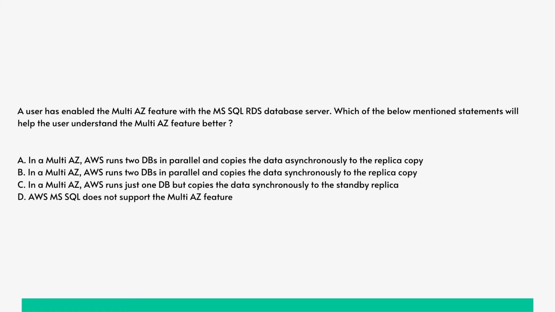Option C, in a multi-AZ, AWS runs just 1 DB but copies the data synchronously to the standby replica. And option D, AWS MS SQL doesn't support the multi-AZ feature.